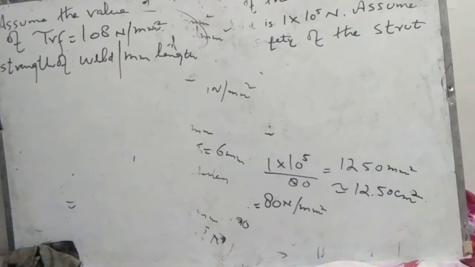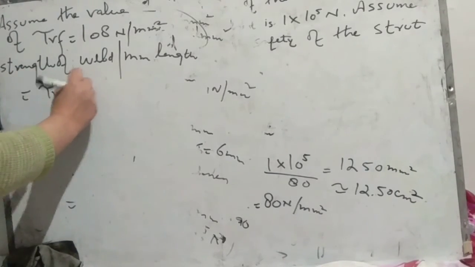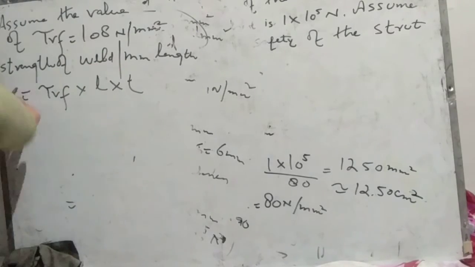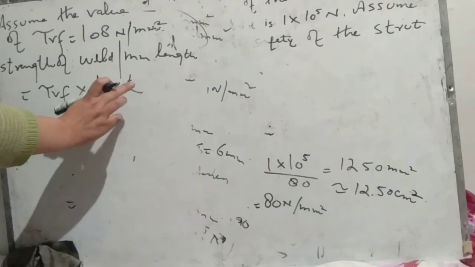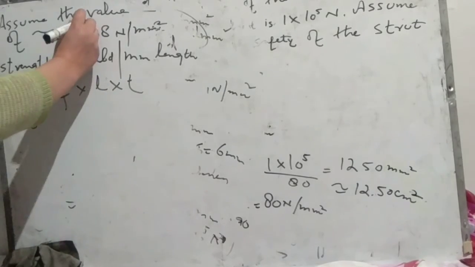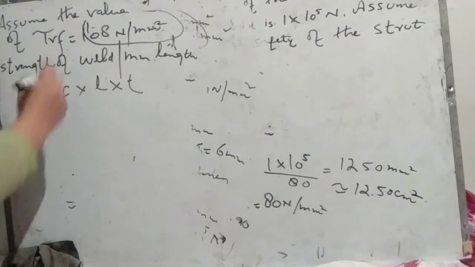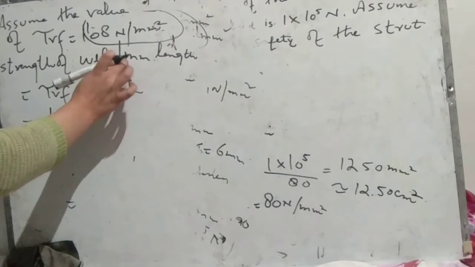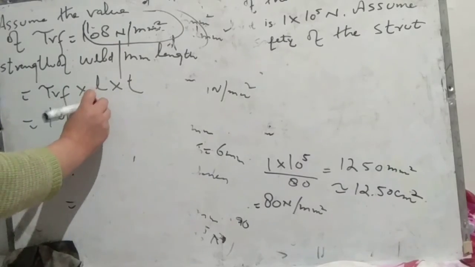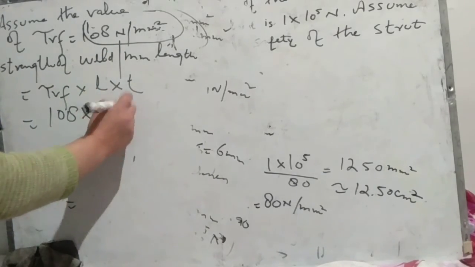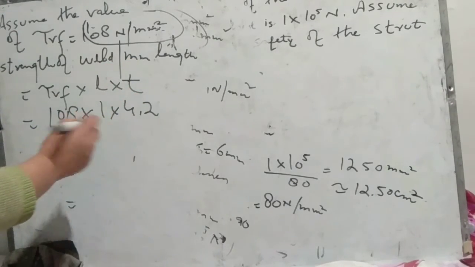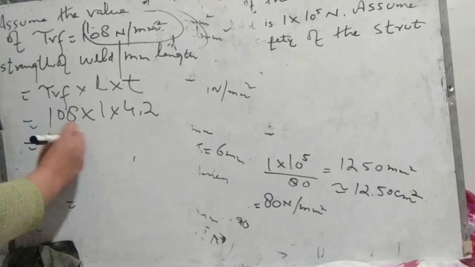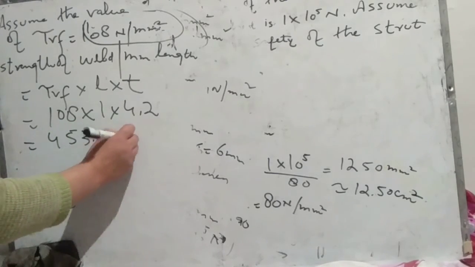To determine it, you have the formula as tau Vf into L into T. This is your shear stress for welded connections, this is the length and this is the thickness. Tau Vf we have 108, and it's per mm length so you will assume L as 1 and T is equal to effective throat thickness, which is 4.2. So on calculating you will get 453.6 Newton.